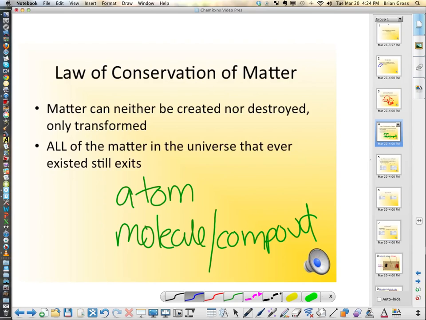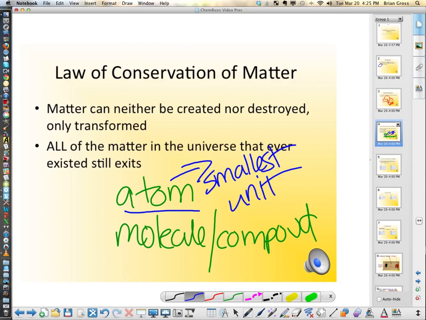An atom is the smallest unit, okay? It has protons and neutrons, and you guys have talked about this. Atoms are the smallest chemical units, okay? And a molecule or a compound is multiple of these atoms put together to make a compound.